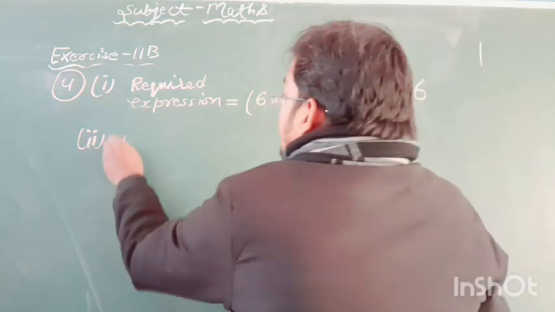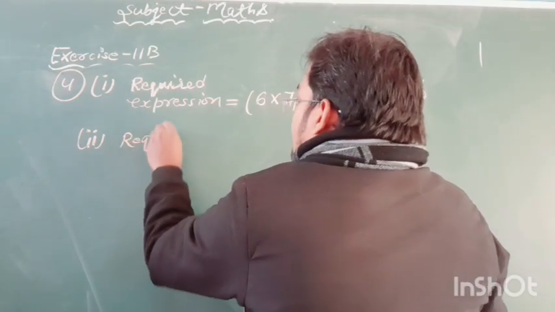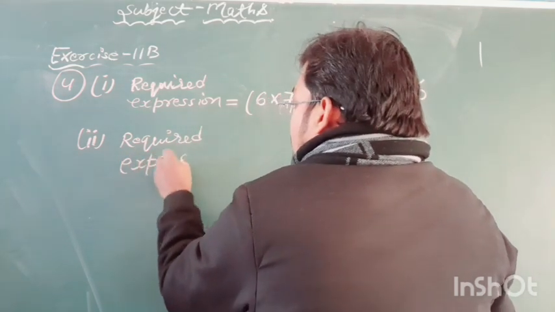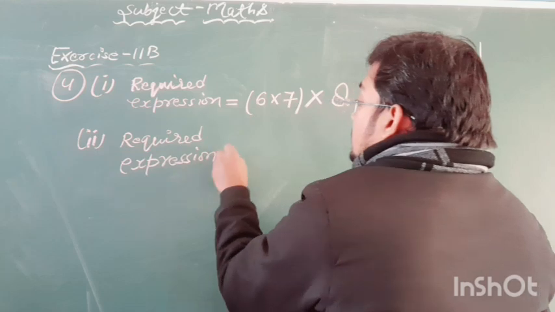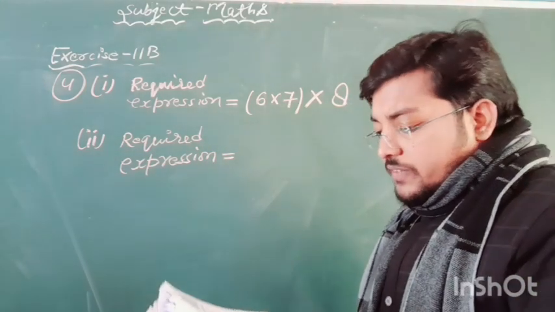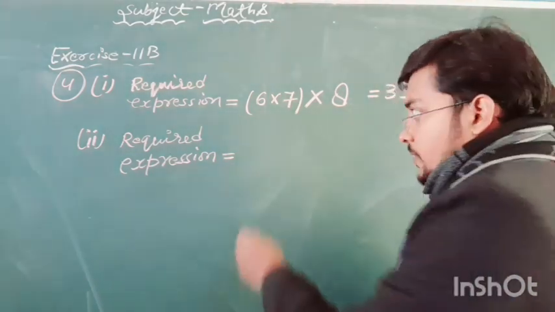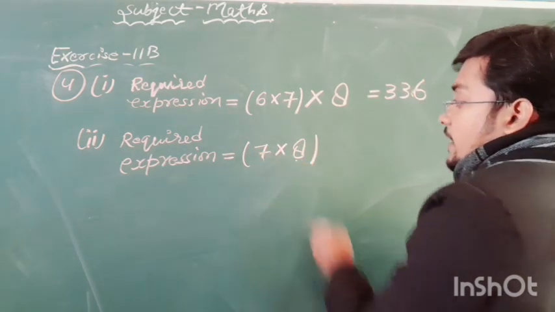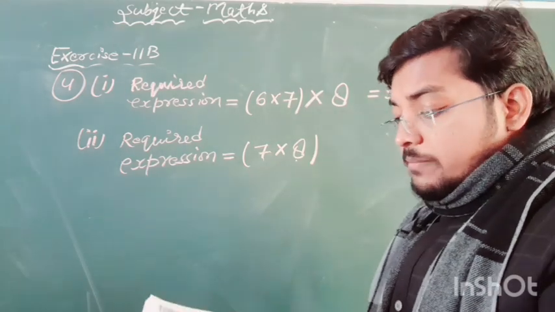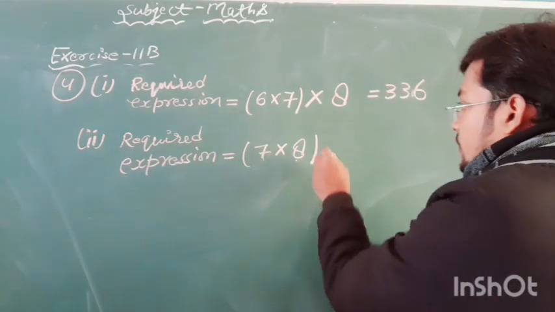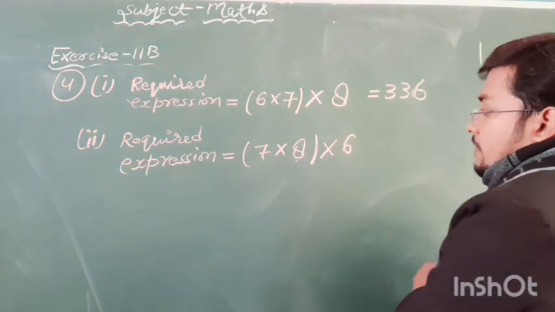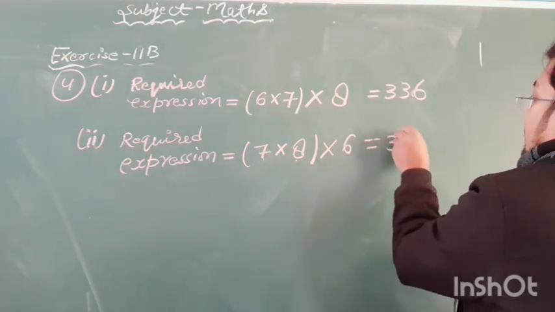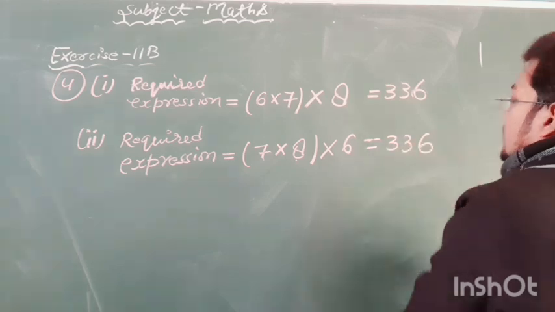In second, the required expression is equal to, here first multiply 7 and 8, so in round bracket 7 into 8, and then multiplied by 6, and finally we get in this case also 336.